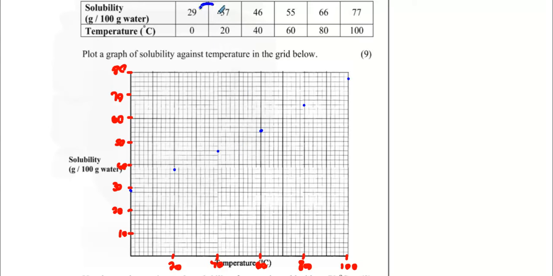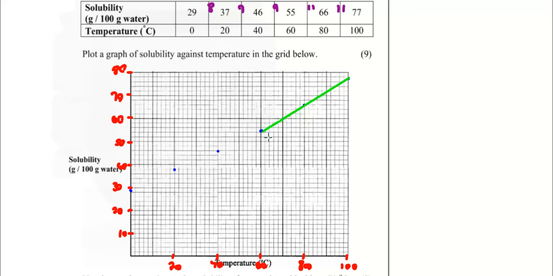Wonder what the gaps are. Sorry, I'm completely wrong there. 8 for the first gap, 9 for the next gap, another 9, and then an 11 and an 11. So part of it is a straight line.